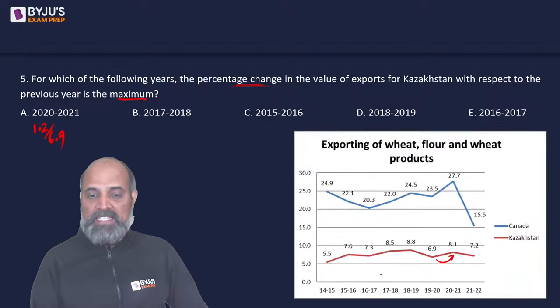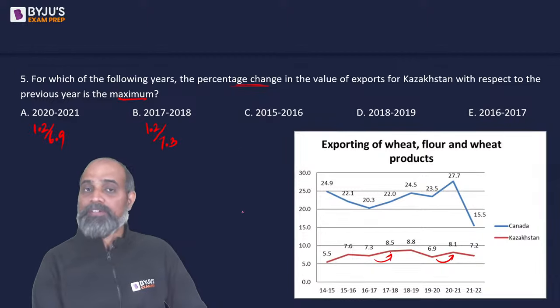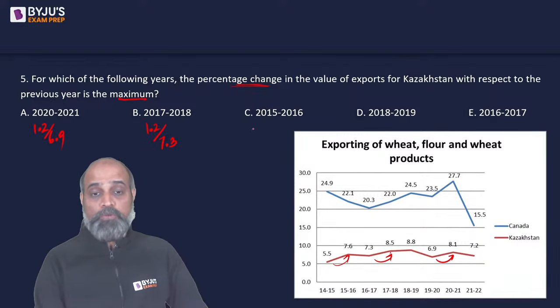If I look at 2017-18, this is an increase of again 1.2 but over 7.3. If I look at 15-16, this is an increase of 2.1 over 5.5.